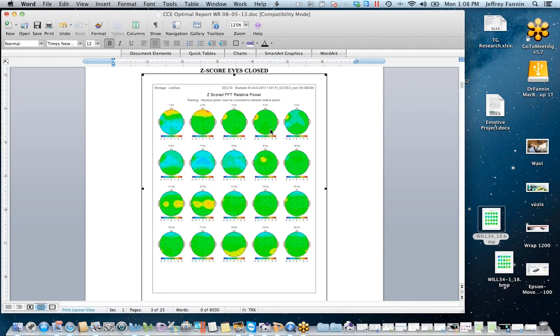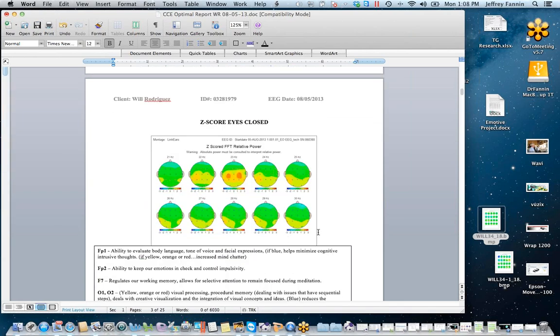The next group is called theta: 4, 5, 6, 7, and 8. The next group is alpha: 9, 10, 11, and 12. Then 13, 14, and 15 are your sensory motor rhythms. And then 16 all the way up through 30, that's your cognitive beta activity.